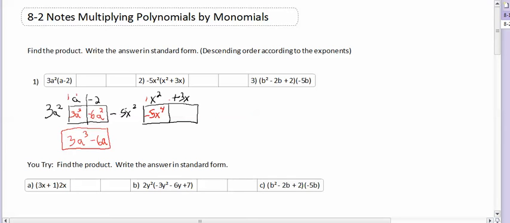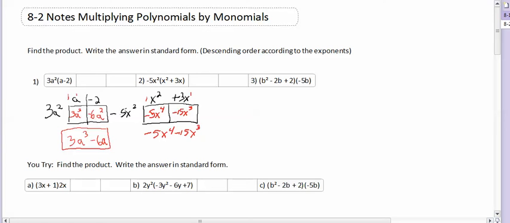Then -5 times +3 is -15. And we have an x, but we have a 2x and a 1x, so it's x to the 3rd power. So we have -5x to the 4th power minus 15x to the 3rd power.